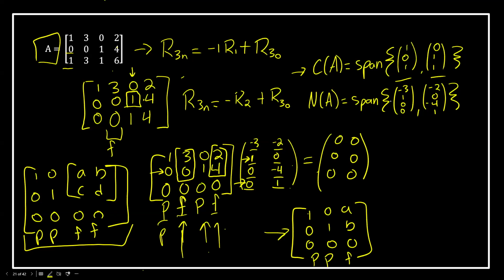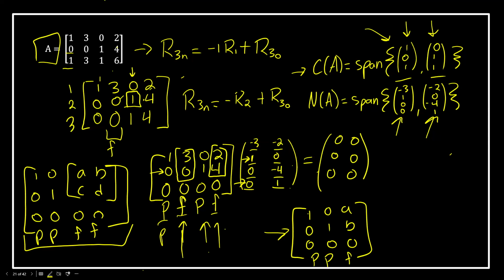One thing that is good to know, and a good mental check when you're doing this, is that the dimension your column space vectors are in always matches the number of rows you have. Meanwhile, the size of your null space vectors always matches the number of columns you have. So in this problem, we have 3 rows, 1, 2, 3, so all our column space vectors are 3-dimensional vectors.